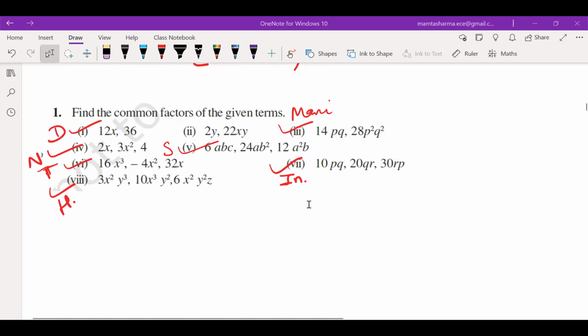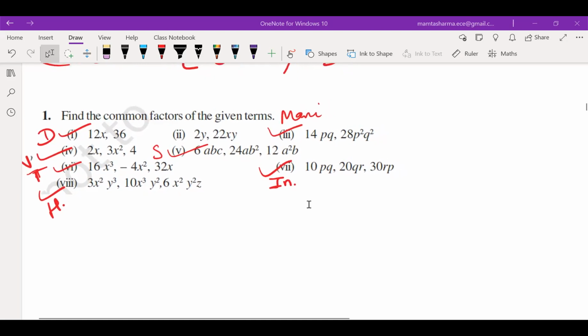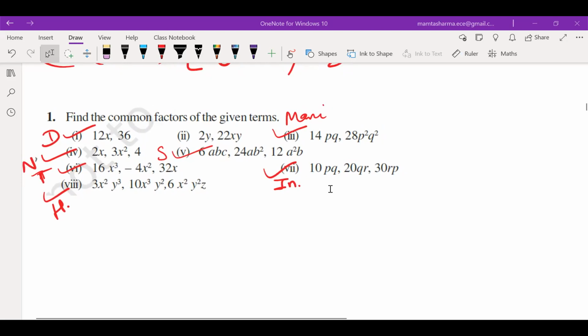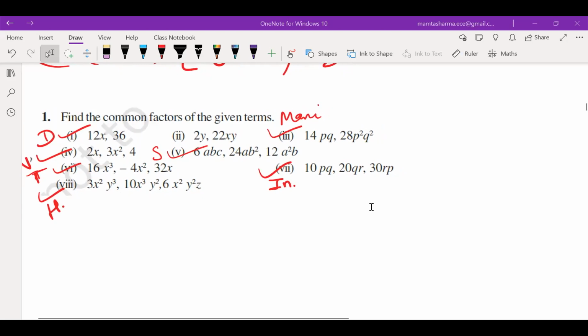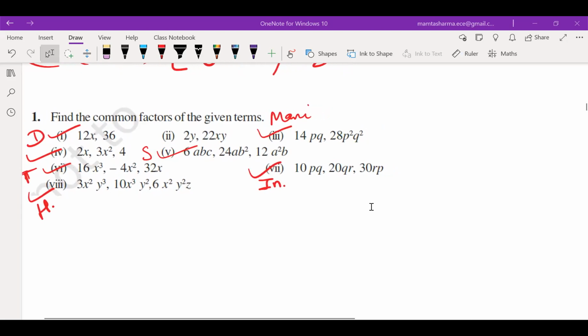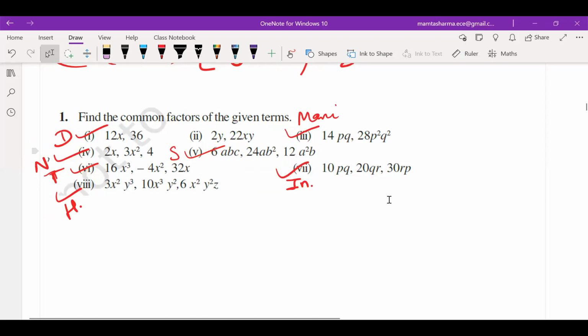Inaya, what is your answer? What are you getting? Inaya has typed her answer in the chat box.